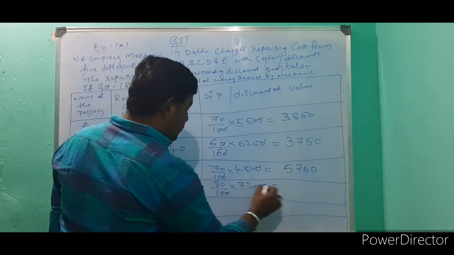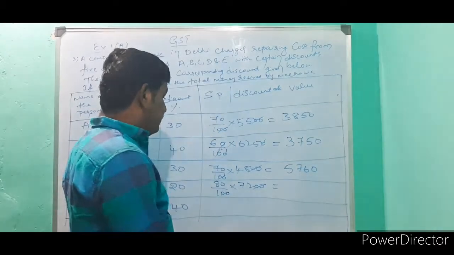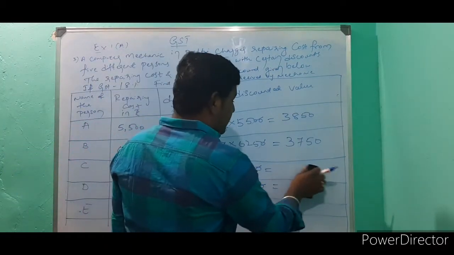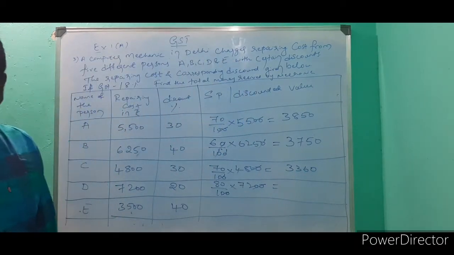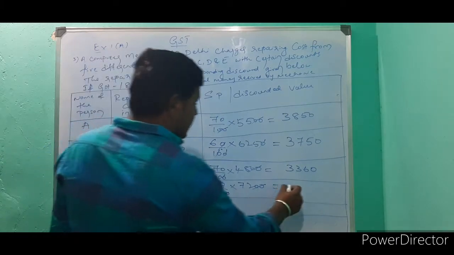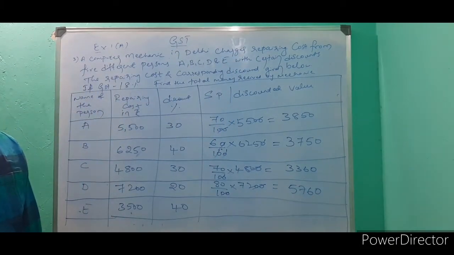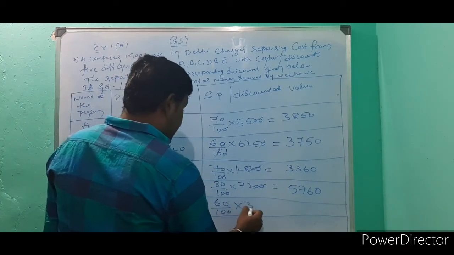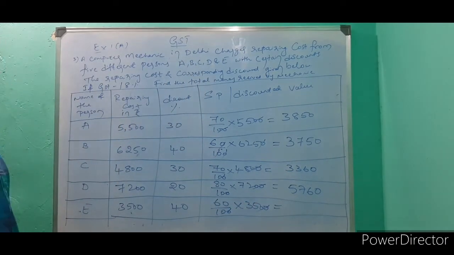If you cancel these two, multiply 80 into 72, you will get 5,760. And for E, the discounted price is 60 divided by 100 into 3,500. If you cancel these two, you will get the answer 2,100.